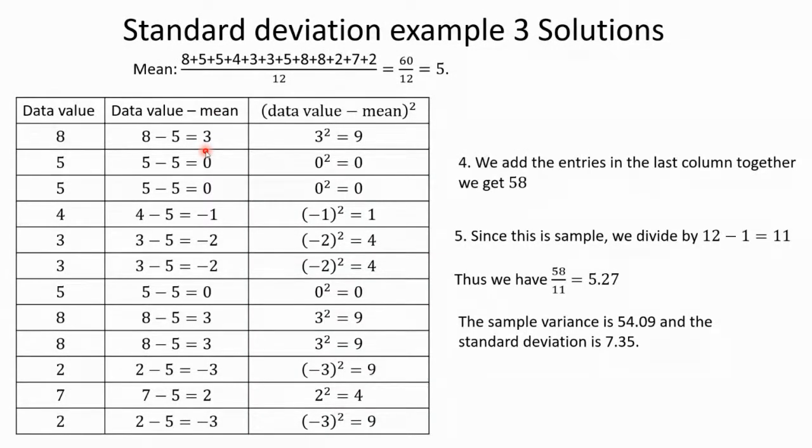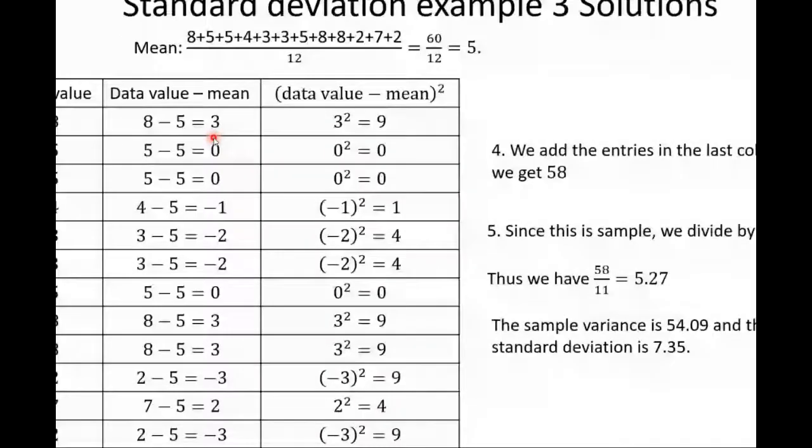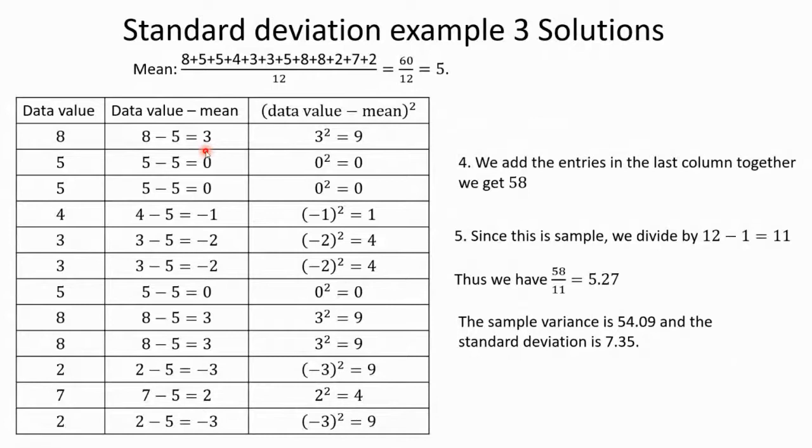So the mean, what I got at least was, let me just see something. No, that's right. For some reason I thought the answer was different, but I got 5, okay? This is what I got.